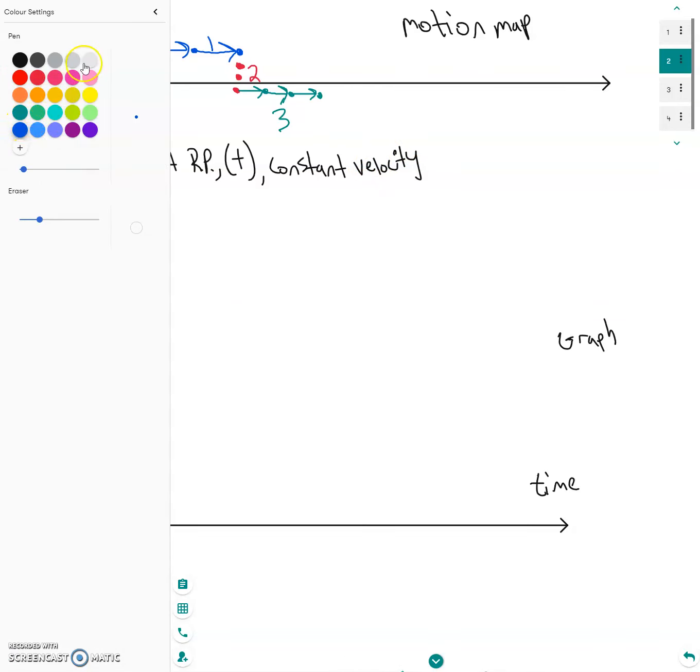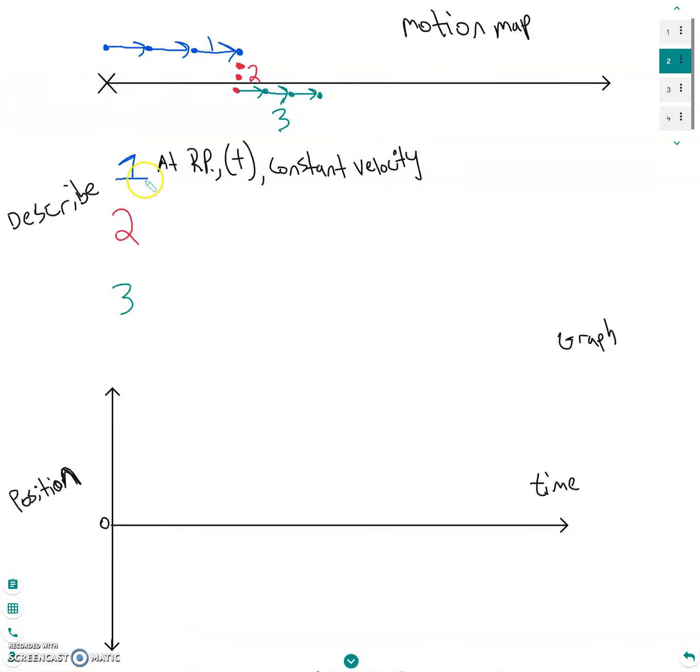Well, on our motion graph, 0 is going to be the reference point. So we want our object to start here at 0, okay? And the motion is going to be happening in the positive direction away from the point of reference. So it has to be going up because this side is positive and this side is negative, okay? Just like it is in math class. So the object has to be going up, and it's doing that with a constant velocity.